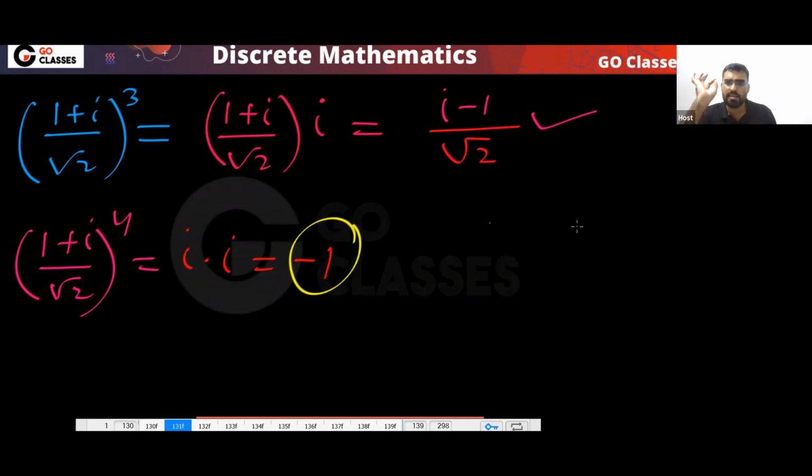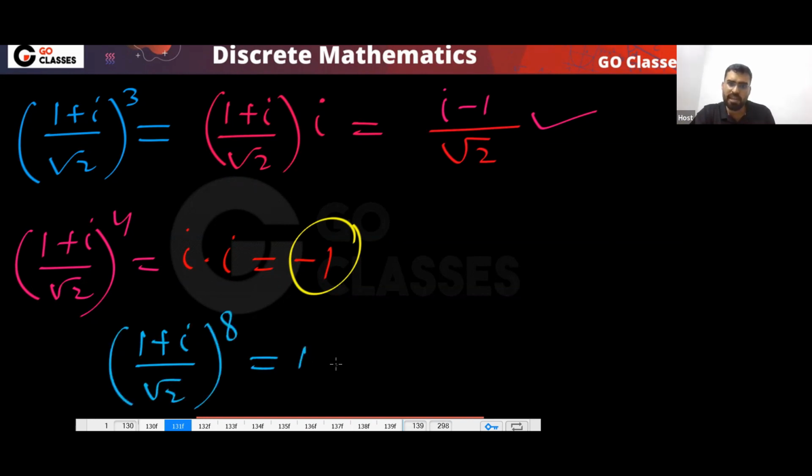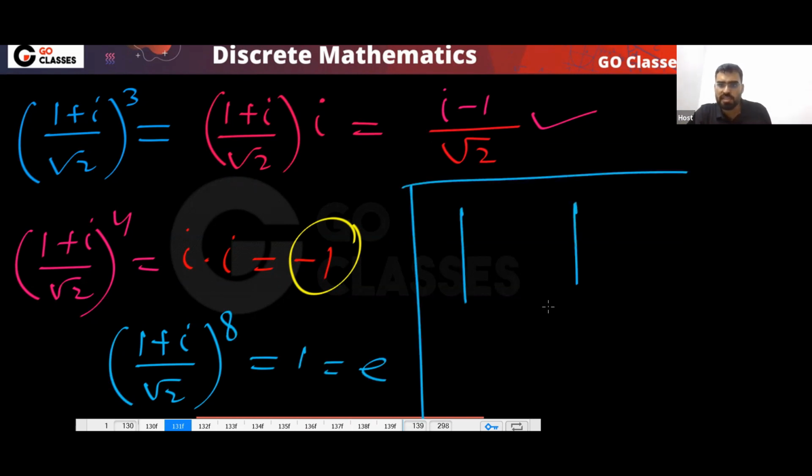Excellent. The order of this will be actually 8, because if you take power 8, then you will get 1, which is the identity element. So what is the order of this element, (1 plus iota) divided by root 2? The order of this element will be 8.